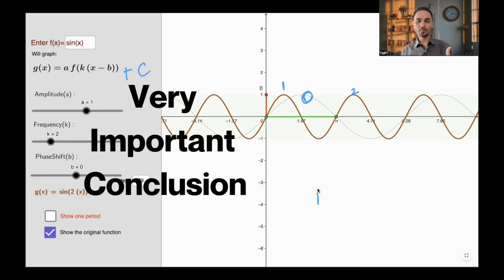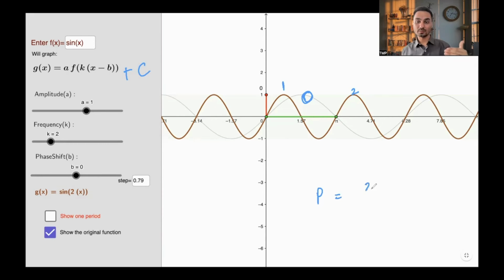Here, we can make one important conclusion: the period of any trigonometric function is 2 pi divided by the modulus of the value of k. So for example, for the sin x function, the value of k is 1, so you have the period as 2 pi divided by 1, or 2 pi.